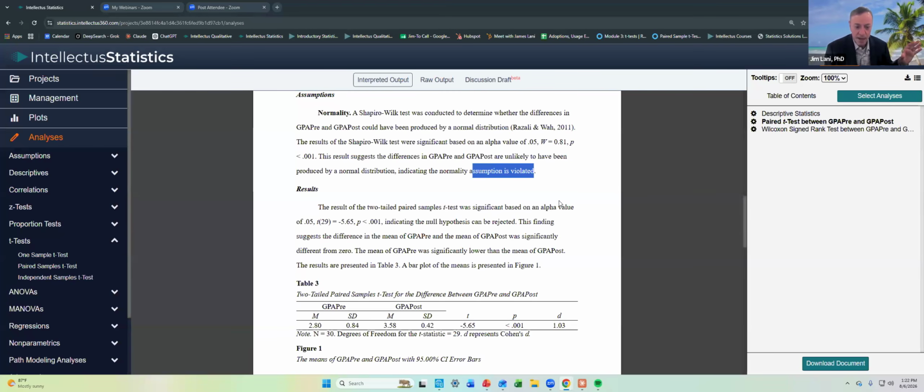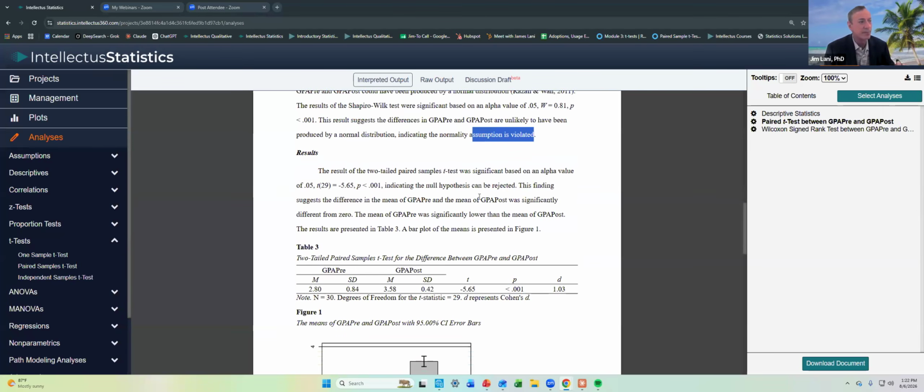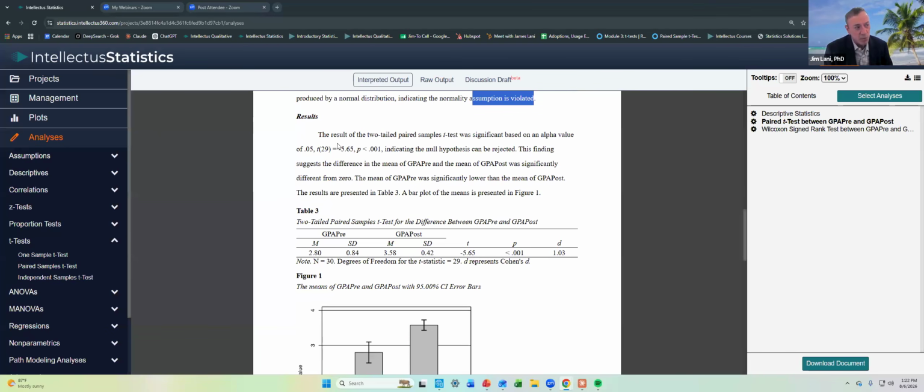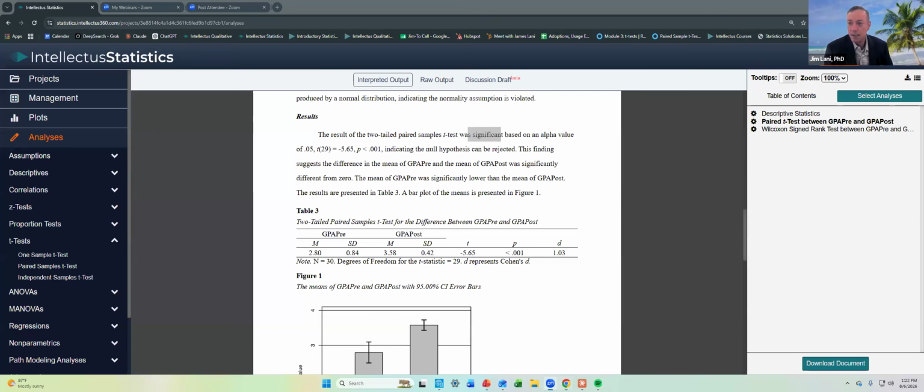So we have to interpret with caution. The results, okay, we can see the write-up of the results right over here. Okay, so the t-test was significant. Okay.